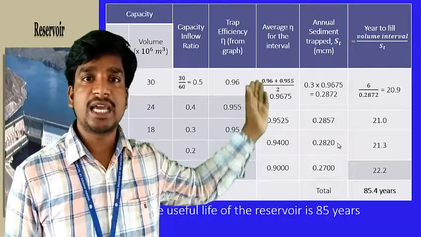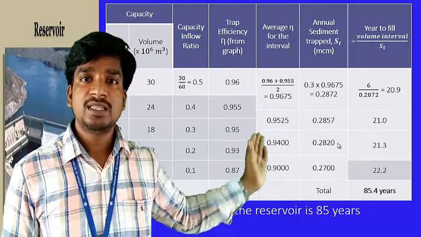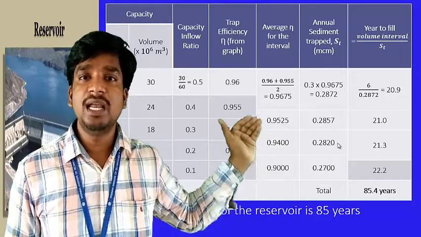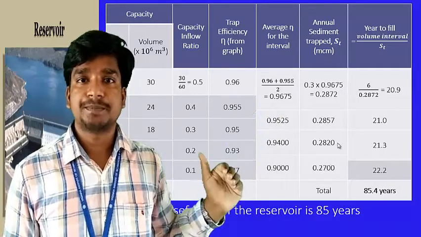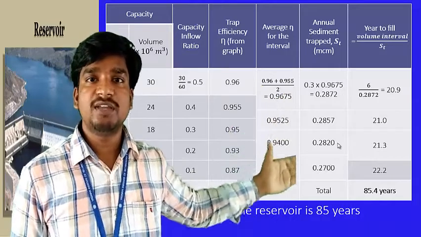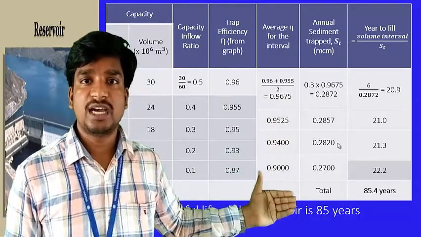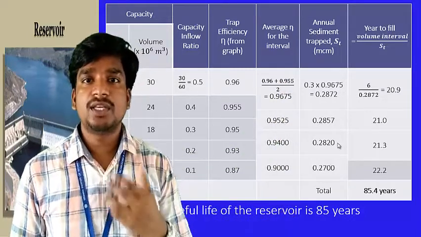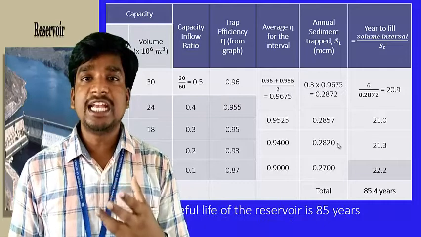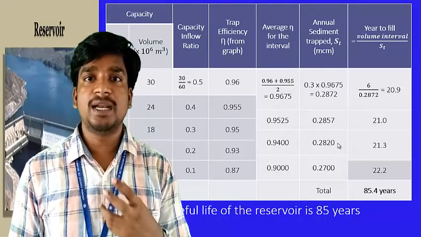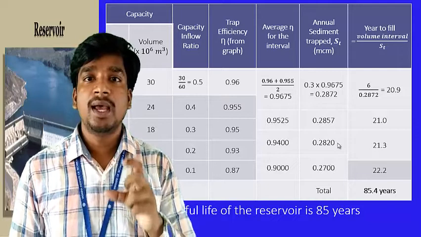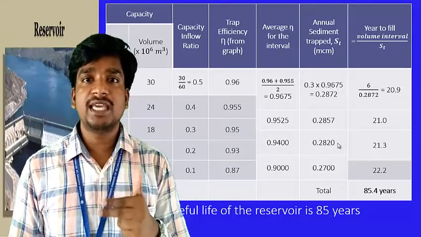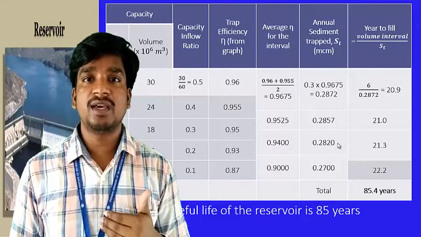Similarly you need to calculate for the remaining volume intervals. They are divided by the annual average sediment trapped, so you will get the years for the different volumes. Now if we add all the years together, the total is 85.4. Those accumulated number of years is the life of the reservoir. Why did we conclude that this is the life of the reservoir?